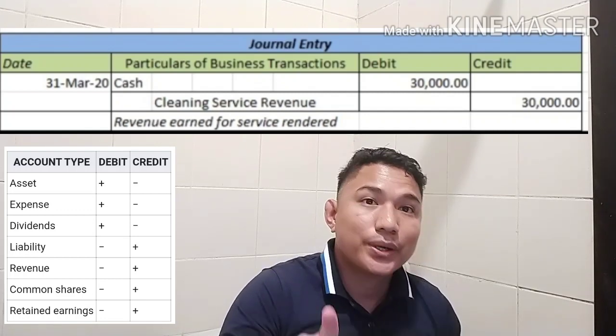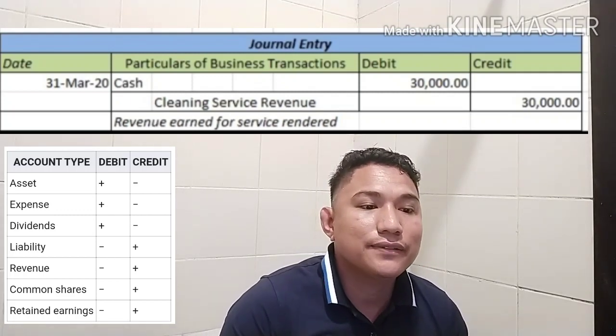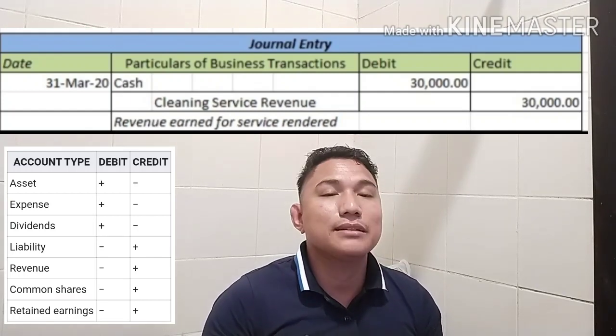What is the entry? First, the date, March 31st, 2020. You are going to debit cash 30,000 pesos. Why? Because the cash of the company increased by 30,000 pesos. You are going to credit cleaning service revenue. Why? Because your revenue increased by 30,000 pesos.